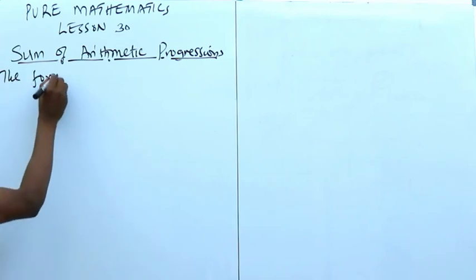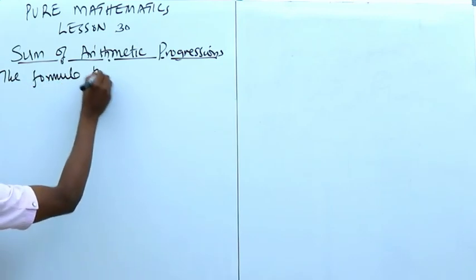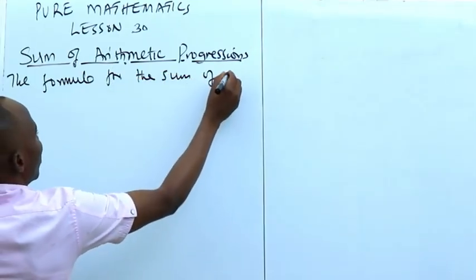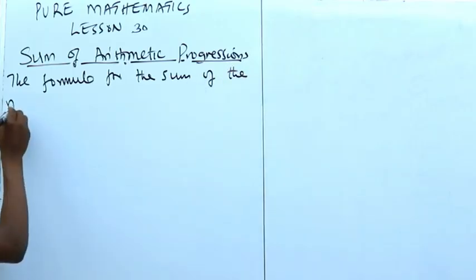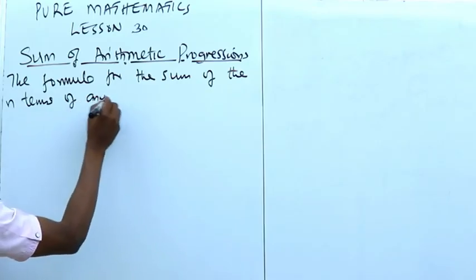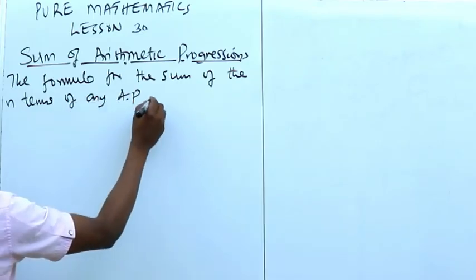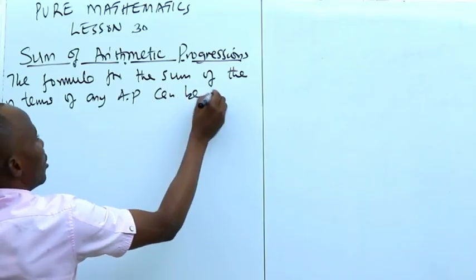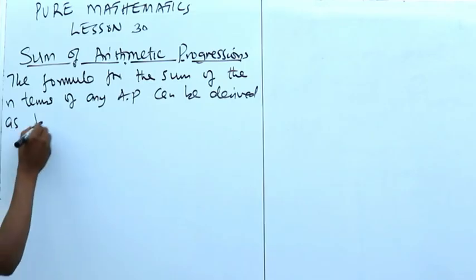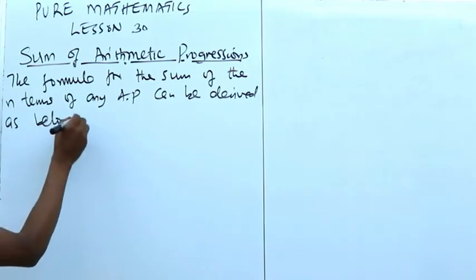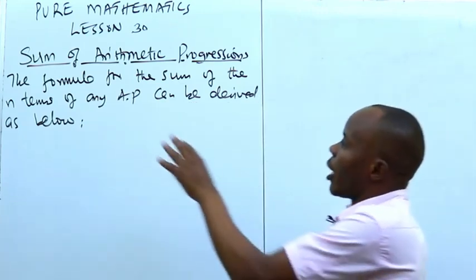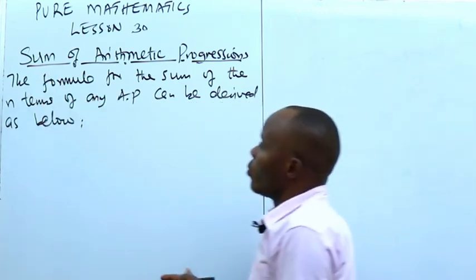The formula for the sum of the n terms of an AP can be derived as below. Now, I'm not going to quote that formula for you.